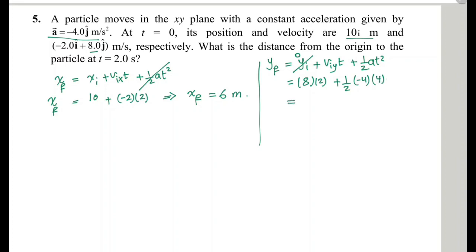You do the math, you will find y final equal to 8 meters. So the distance d is actually square root of 6 squared plus 8 squared, or d equal to 10 meters.